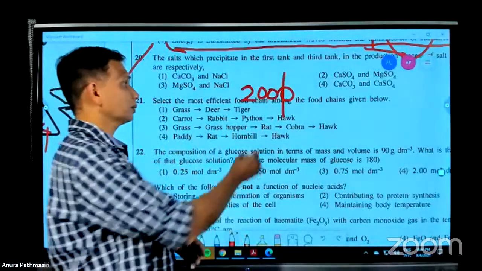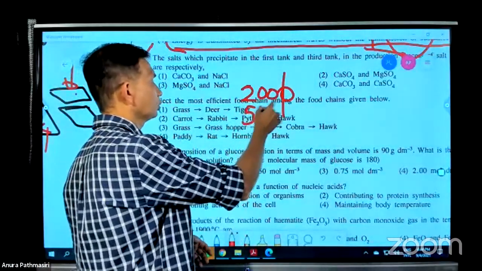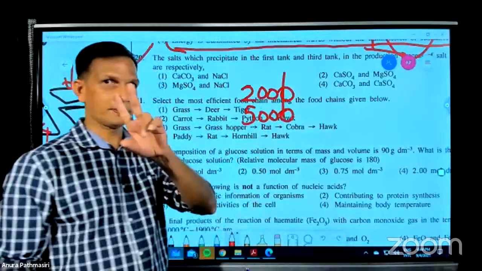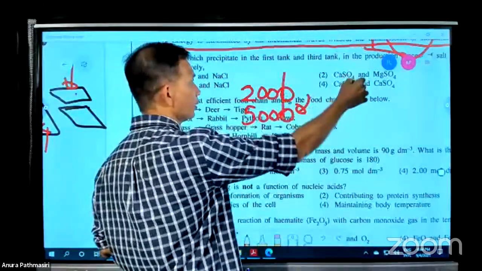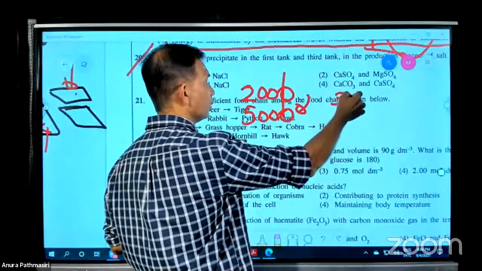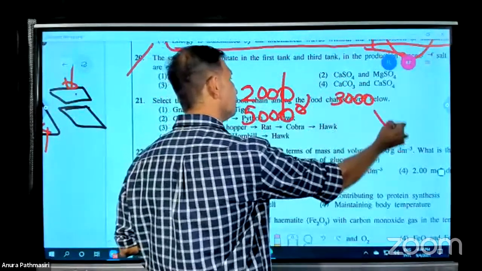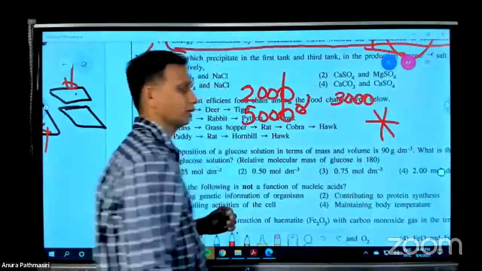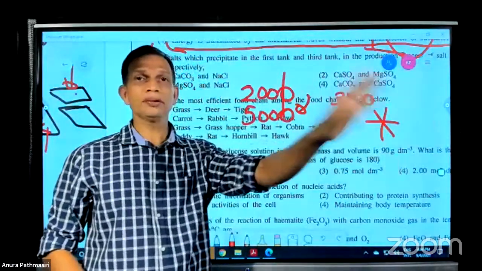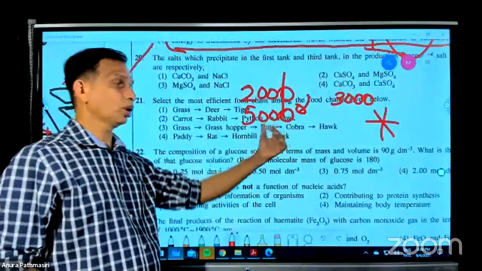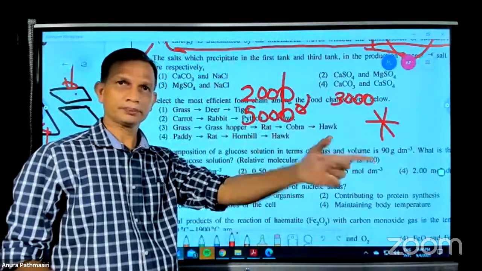But your parents might be spending 5,000 rupees on you. That means to give you 5,000 rupees, they have taken 3,000 from other members of your family for your development.